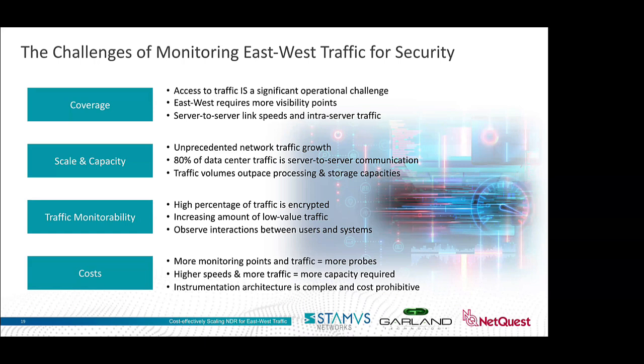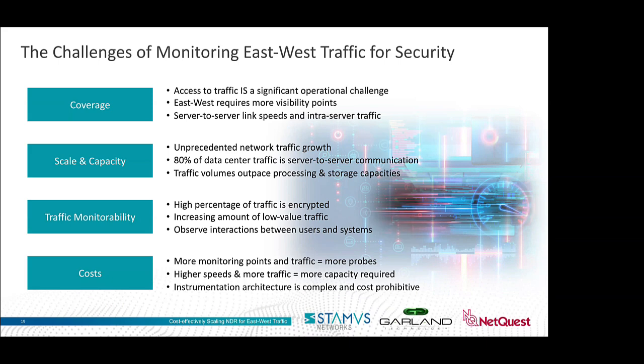So as I build this architecture, the fourth area that's a challenge is the cost of infrastructure. Being able to implement visibility across that east-west environment, across all of the server infrastructure and enabler infrastructure, becomes more and more expensive. It's not as simple as putting a probe or a sensor or a monitoring point at one or two ingress-egress points for redundant WAN links. You now need to get much deeper visibility.